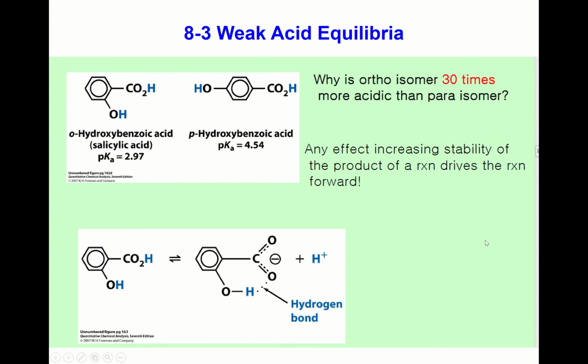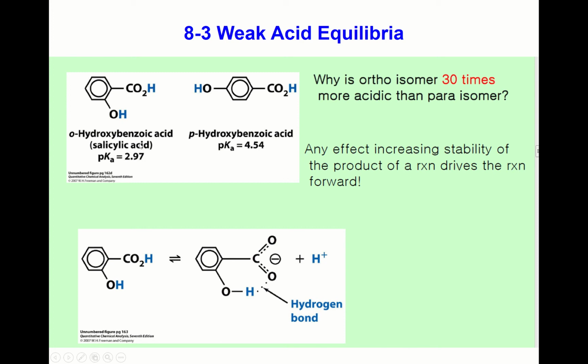Okay, let's consider the weak acid equilibria. Let's consider these seemingly very similar molecules. This one is ortho hydroxybenzoic acid, with the positions ortho, meta, para, and this one is para hydroxybenzoic acid. The carboxyl proton is easily dissociated.